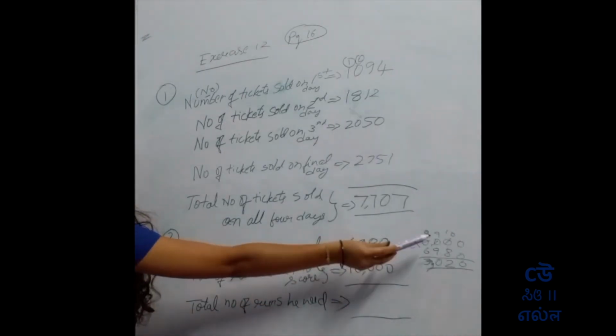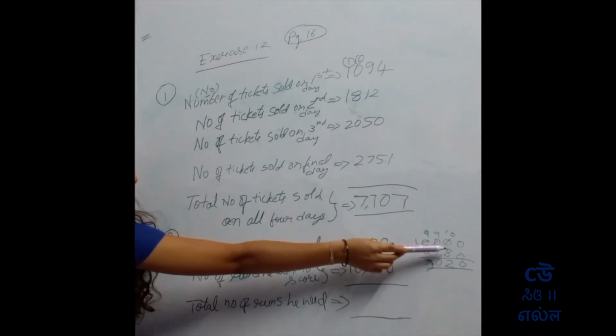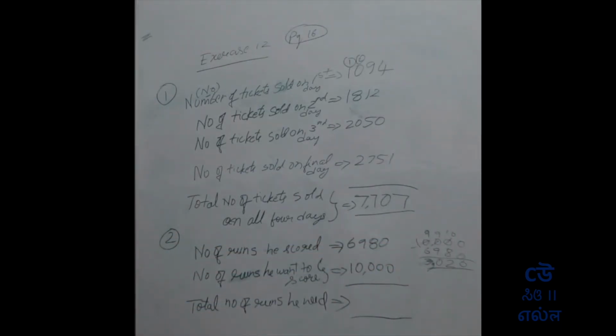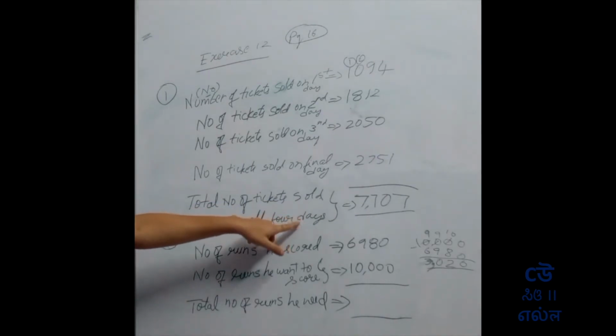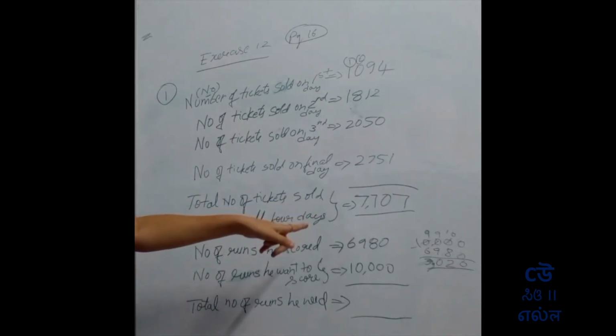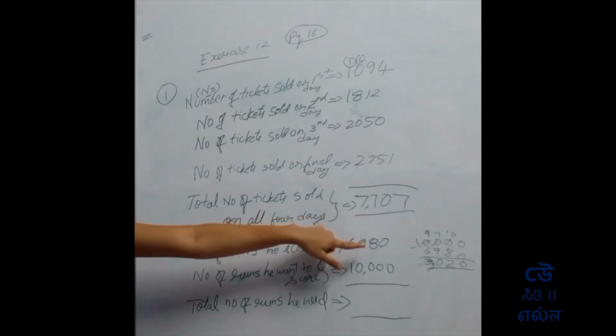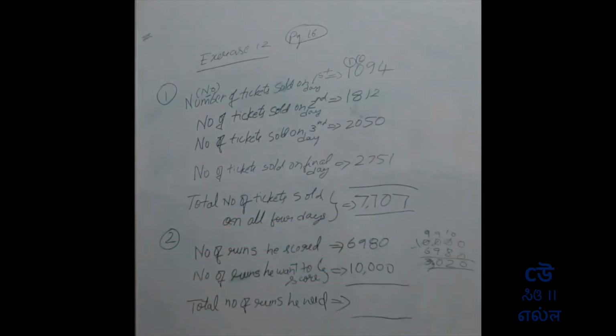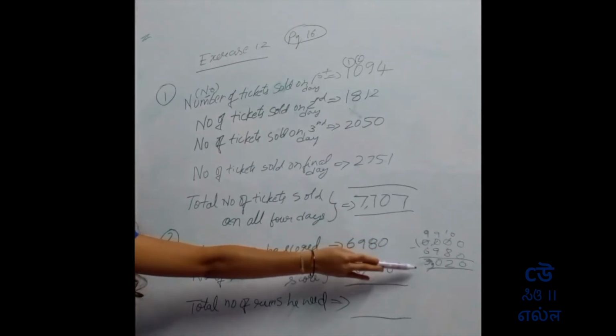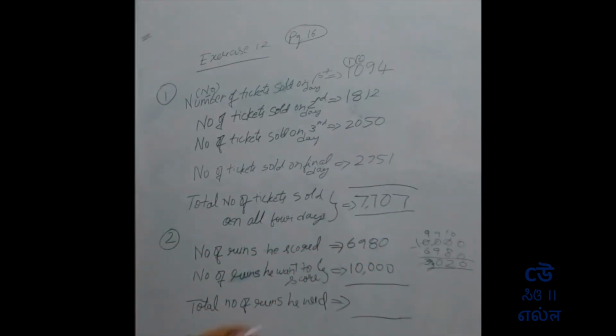If you subtract this, 0 minus 0 is 0. Then 0 minus 8 you can't do. So you have to take the borrow from the next number. Again 10 minus 8 is 2. Then 9 minus 9 is 0. Then 9 minus 6 is 3.